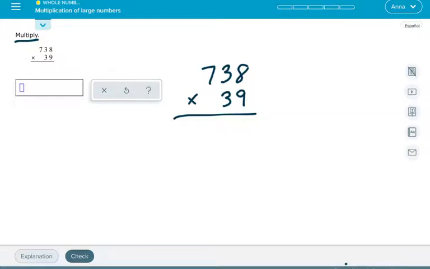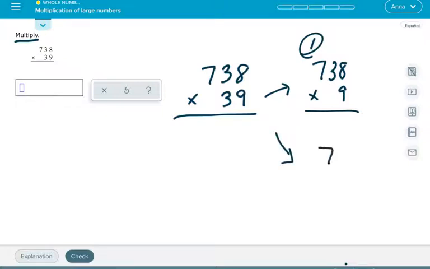I'm going to break this down to show what's happening. 738 times 9 is the first step, and 738 times 30 is the second step, and then we add those two together. It's really important that you understand why we do this.